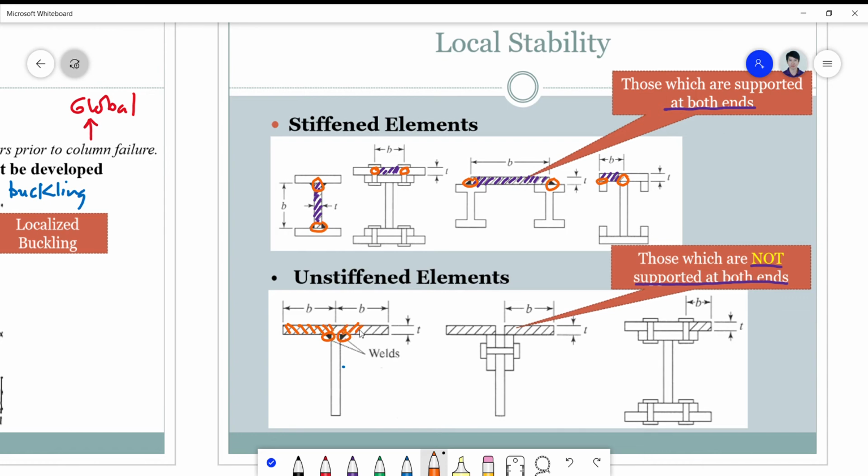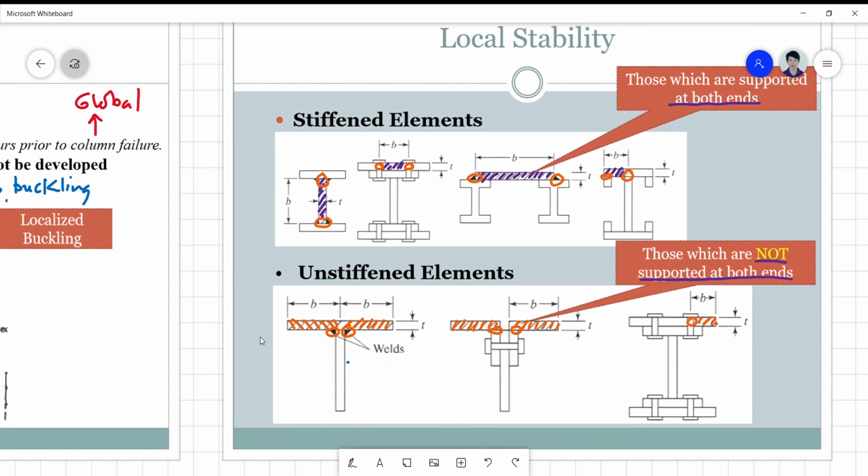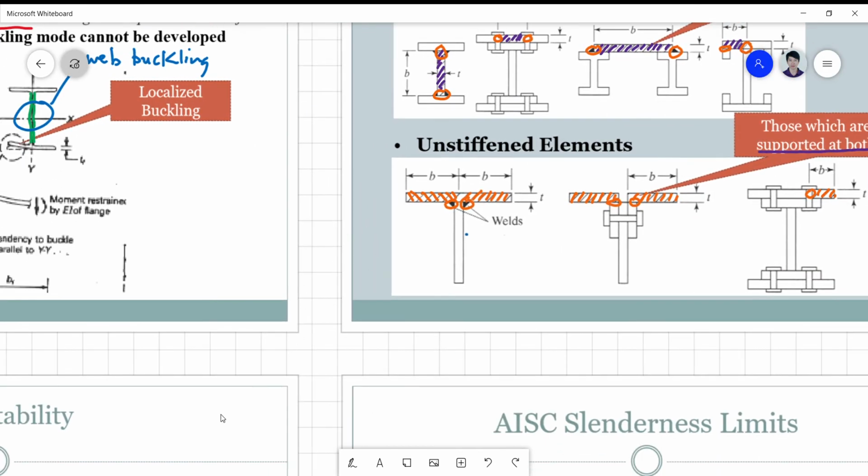Okay, so the support is only one at each. Also this, the support is only one at each end, and this is also supported only at this end. Okay, so the type of local failure behavior depends on whether or not your element is stiffened.